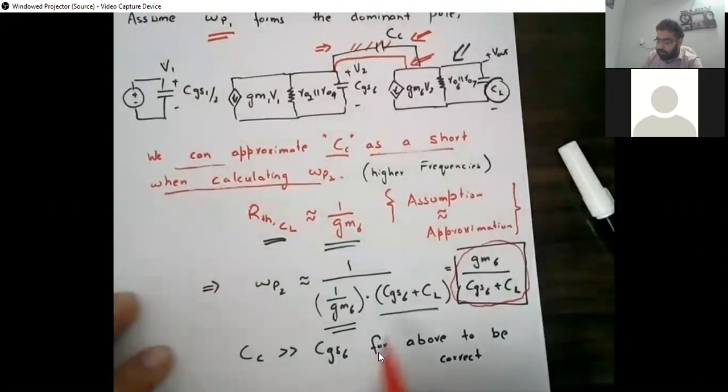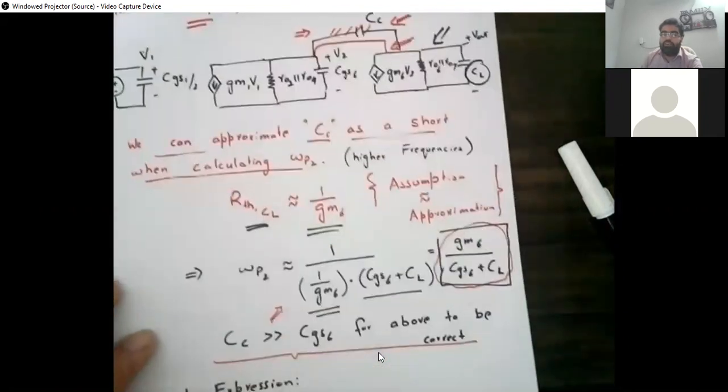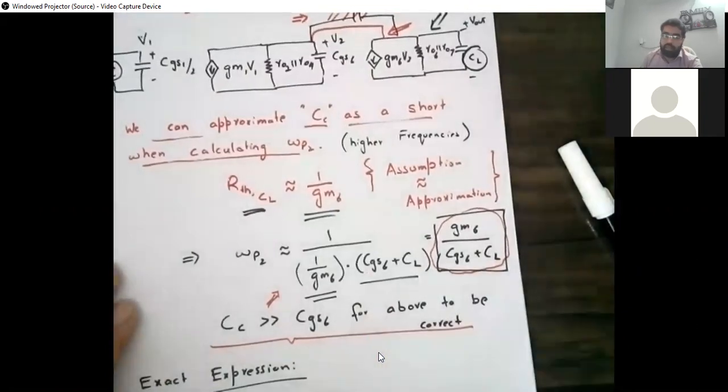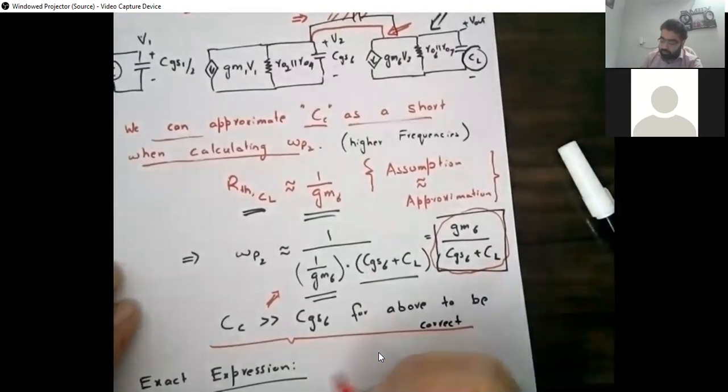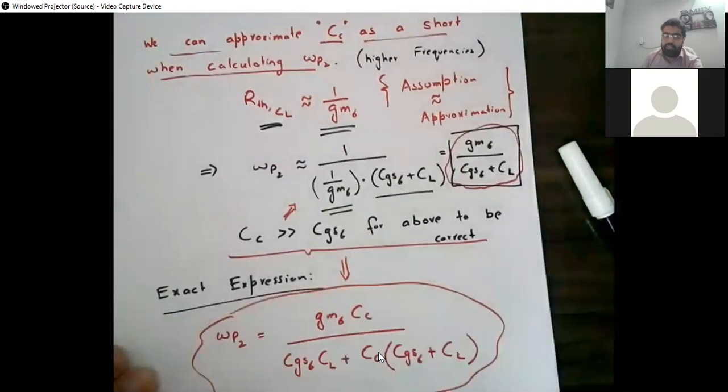So for the above expression, this condition has to hold: CC should be very much greater than CGS6. If this condition is not holding, we cannot use the above expression or calculation. If you want an accurate expression, it is written here.